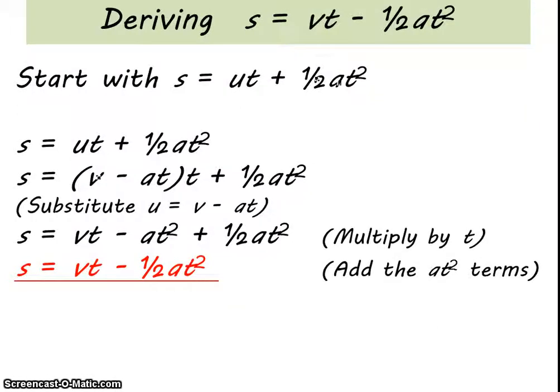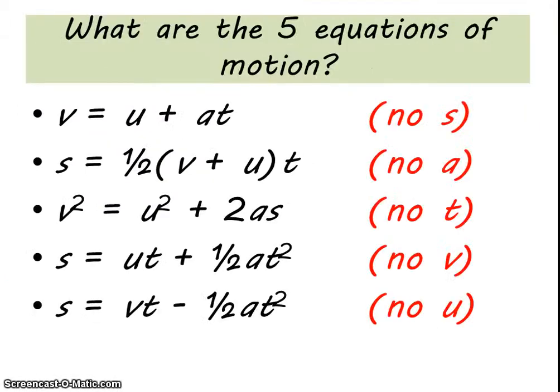And that's it. So if I go back, we now have the 5 equations of motion, all derived, nice and easy, and the next step is just using them. The simple way to use them is look for the pieces of information given to you in a situation, and then decide which equation you need to use from which piece of information is irrelevant to the situation.